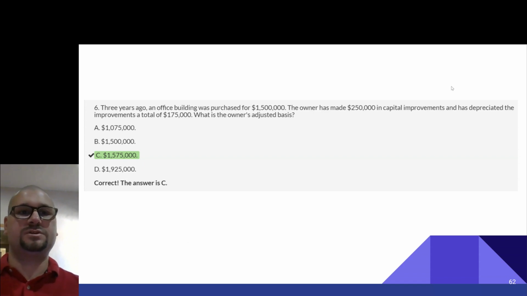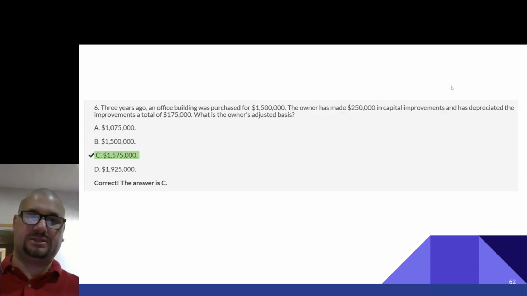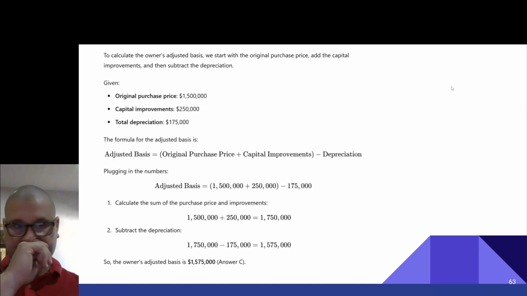So the original purchase price, 1.5 million, plus the capital improvement, you get 1.75 million, and then minus the 175,000 depreciation. So adjusted basis is original purchase price plus the capital improvements minus the depreciation: 1.5 million plus 250,000 minus 175,000.